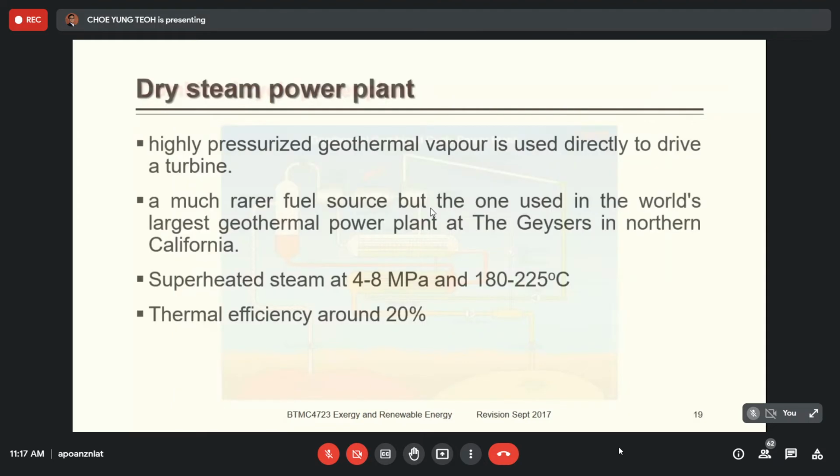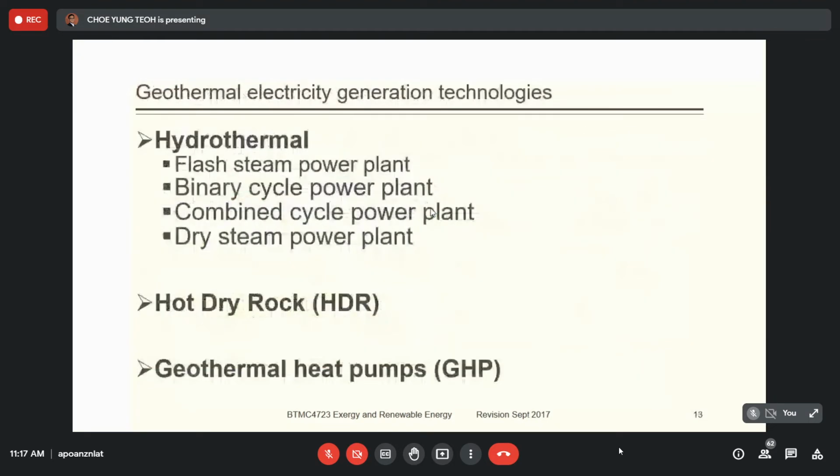So let's compare the four types. From here, we have flash steam, binary cycle, combined cycle, and dry steam. Let me make a summary. Flash steam is used when the temperature is not too high, so you need to do the separation. Binary cycle is when the temperature is even lower, so even separation is not enough and you need to use a secondary fluid.